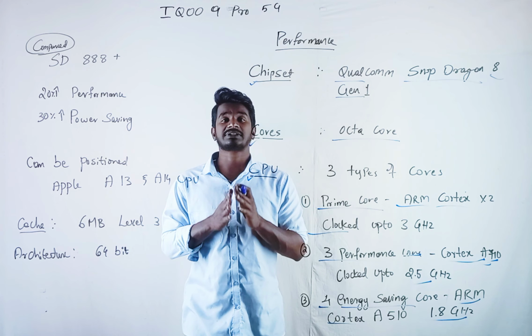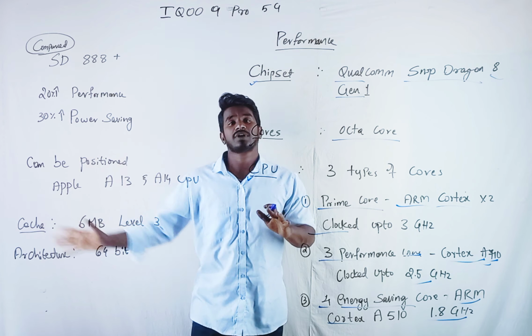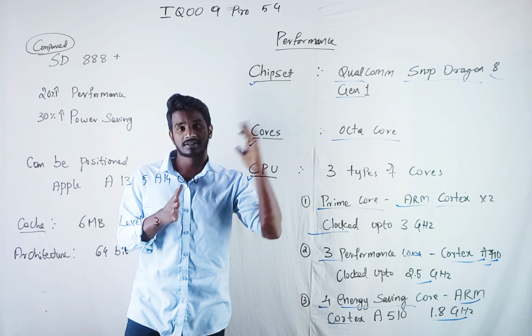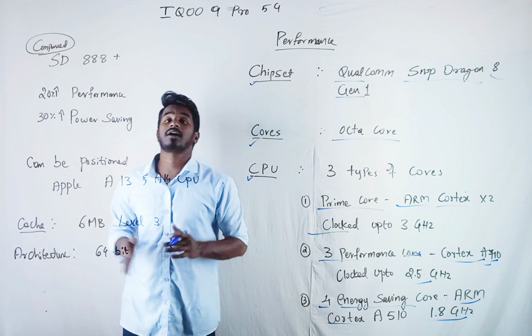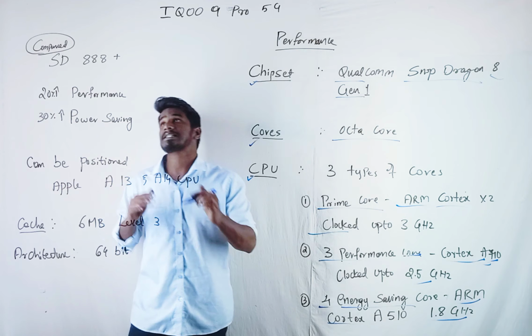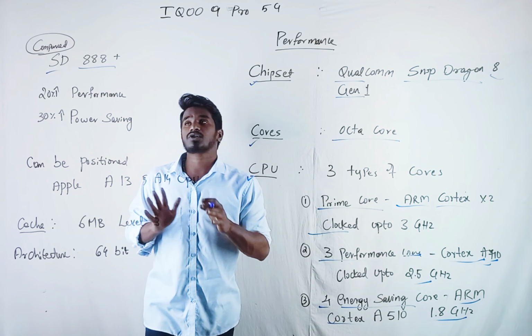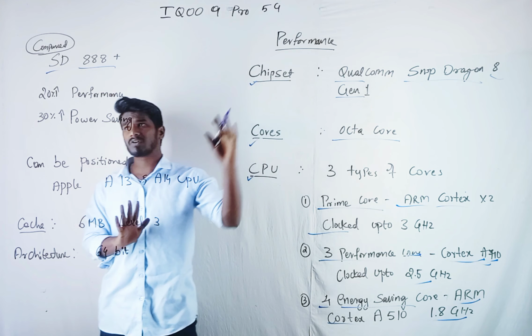But how much percentage of improvement is there? We can compare this processor with a very well-known and popular processor, the Snapdragon 888 Plus. It was a big hype in the market when it released. Fine.